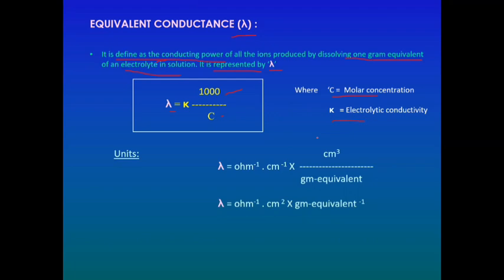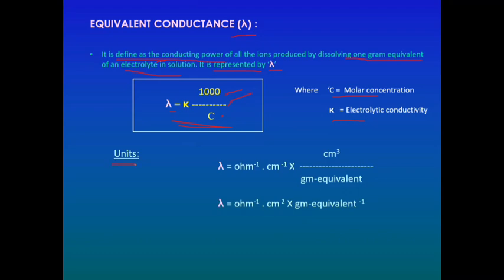Electrolytic conductivity is nothing but the specific conductance, K being kappa. So this is the mathematical equation for the equivalent conductance. Once again, lambda is equal to K into 1000 by C.